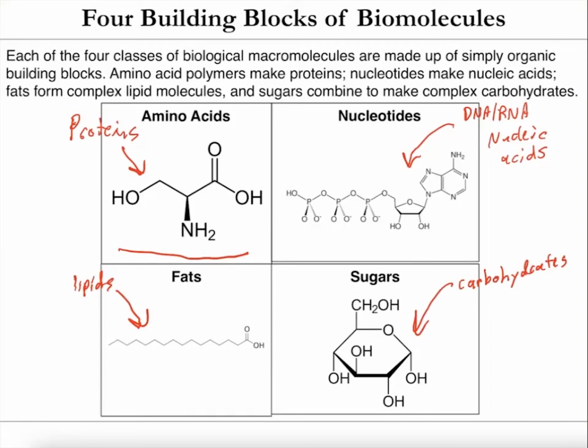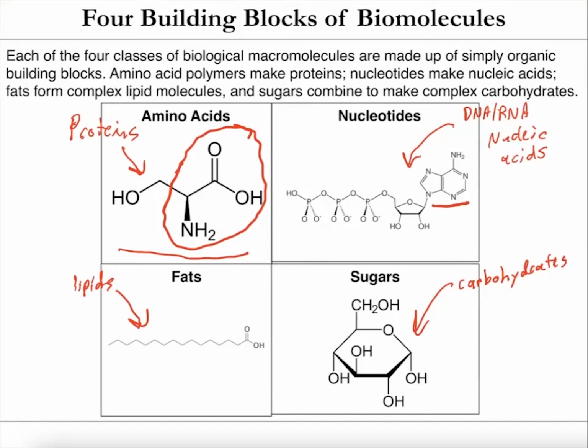You can already see that amino acids, nucleotides, fats, and sugars have very different chemical structures. We already talked a little bit about amino acids. They all have this region in common with each other. Nucleotides are more complex.